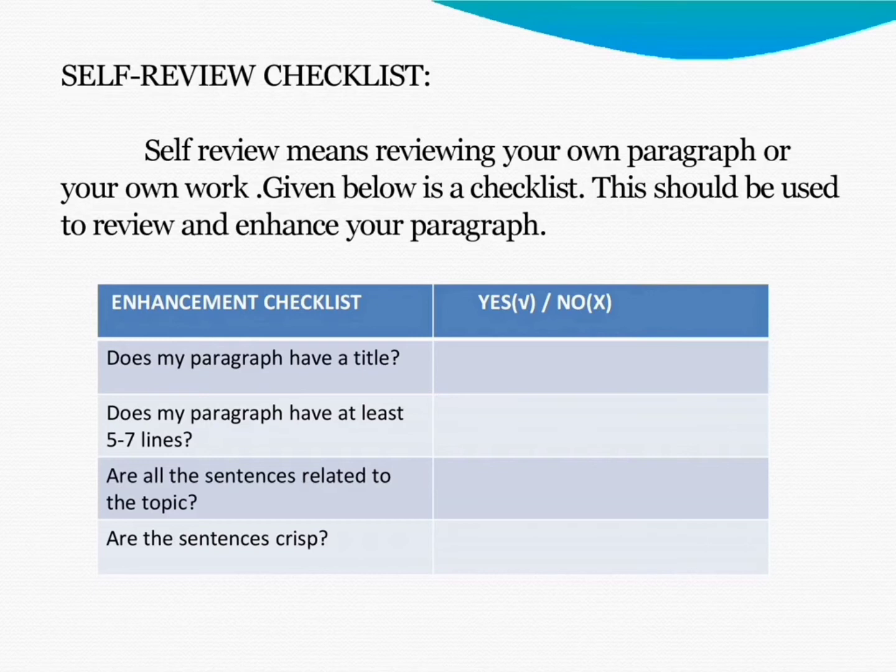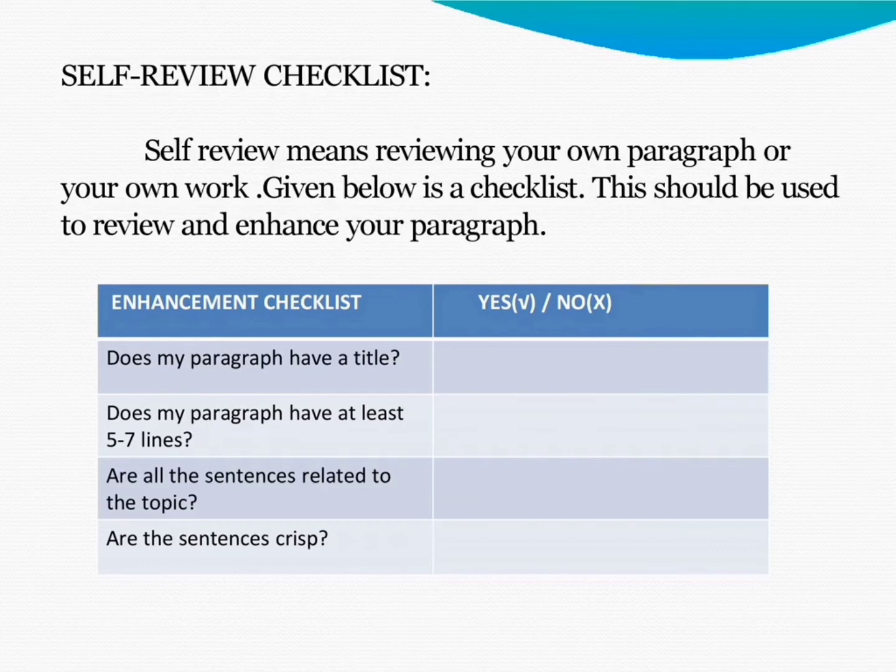Your paragraph should contain at least 5 to 7 lines. If it exceeds 5 to 7 lines, also no problem, but it should not be below 5 to 7 lines. So if it contains 5 to 7 lines, it's a good paragraph, so you can put yes. Or if it doesn't contain 5 to 7 lines, you can put a cross, that is a no.